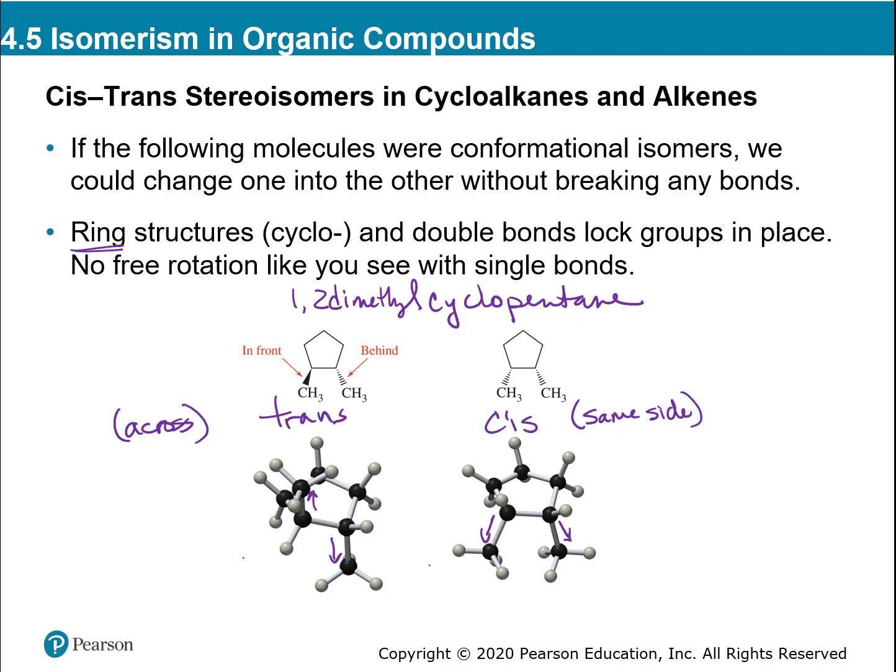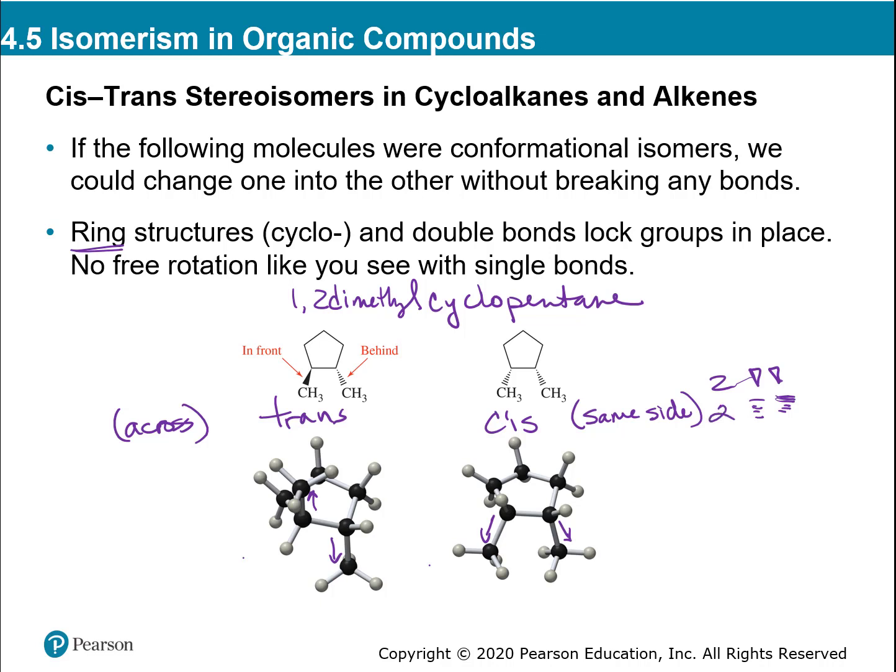So notice in these, you're either going to have 2 wedges or 2 dashes. So you'll either see 2 of these or you'll have 2 of these. My pen doesn't want to do dashes today.